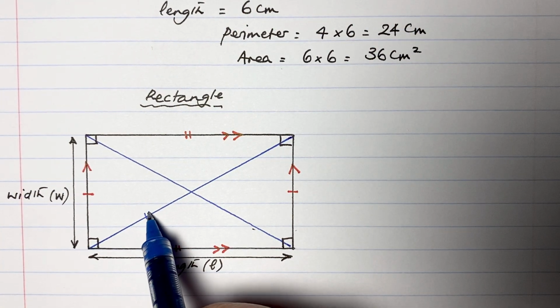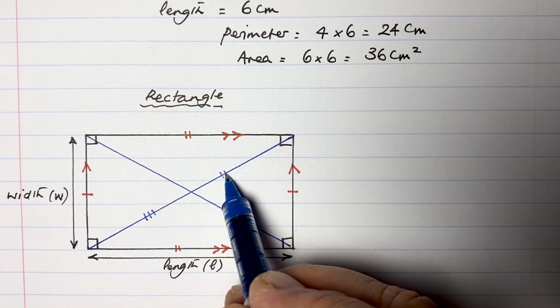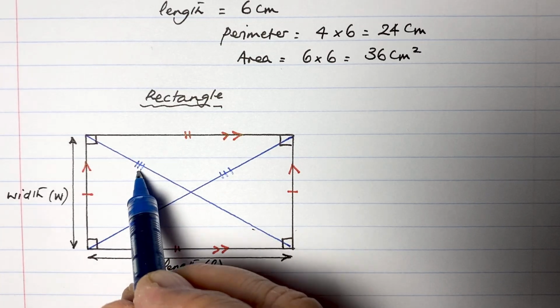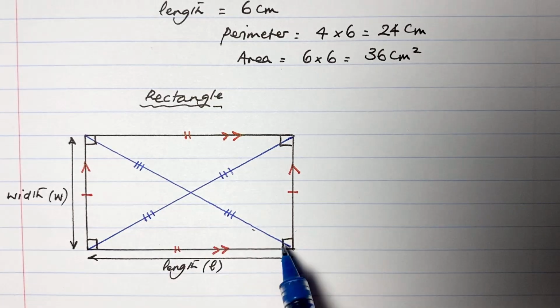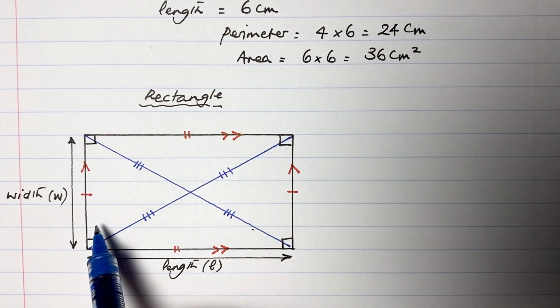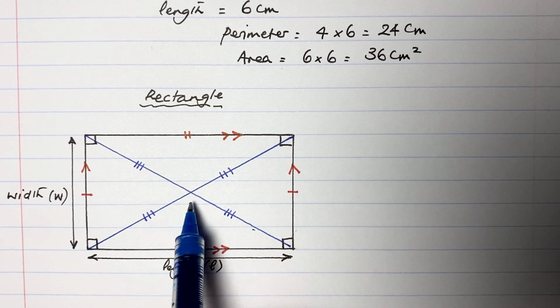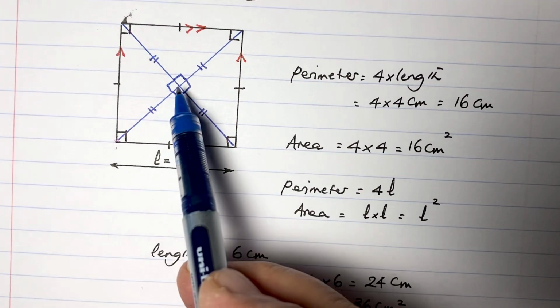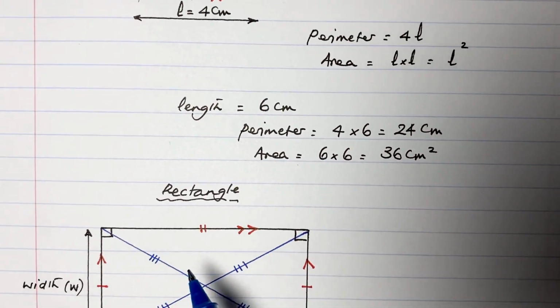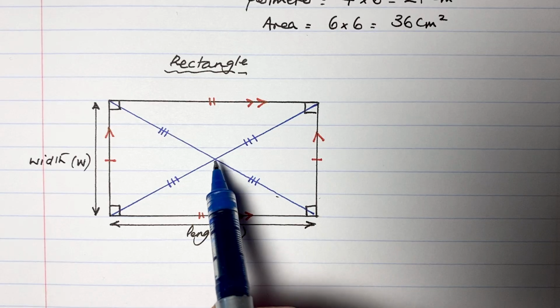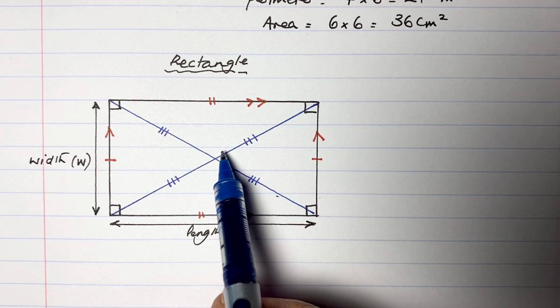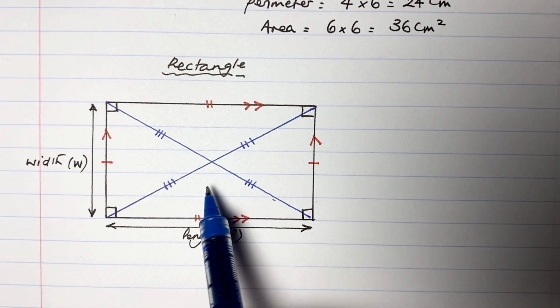So this side and that side, this side and that side are the same. The diagonals are equal and halve each other, but they are not at 90 degrees to each other. Look, in the square we had 90 degrees. Here, the diagonals do not meet each other at 90 degrees. We have an obtuse and an acute angle here.